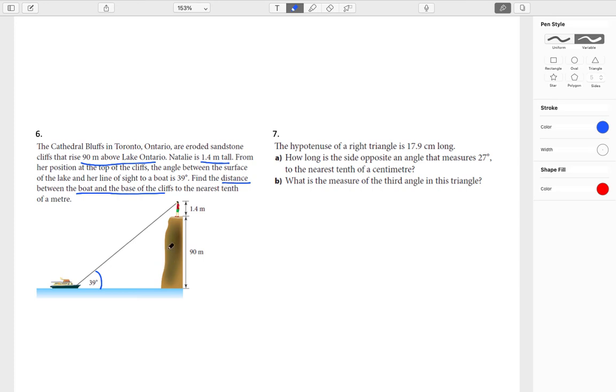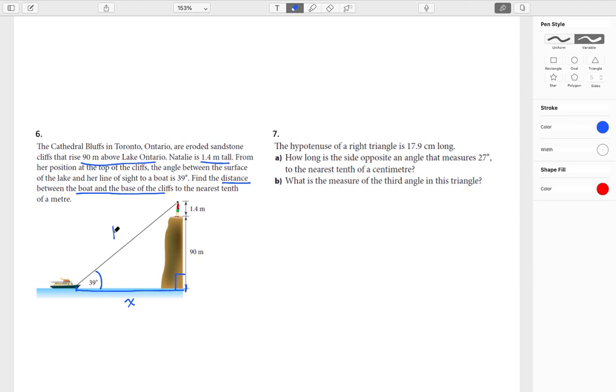So it looks like we're looking for a distance from the boat over here to the base of the cliff over here. So this is what we're looking for, x. So let's label what we're given. It looks like it's a right angle triangle. Now, this is my starting angle, 39.